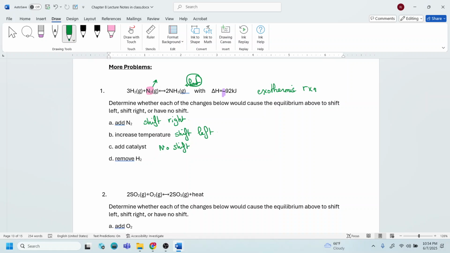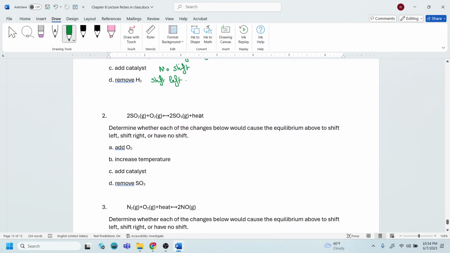And if you remove hydrogen, removing hydrogen means that you're decreasing the concentration of the hydrogen. So lower your left hand. Then your direction of equilibrium is going to shift to the left. Always the direction of equilibrium is going to go towards the poor side. Okay? So towards the side that is poor.